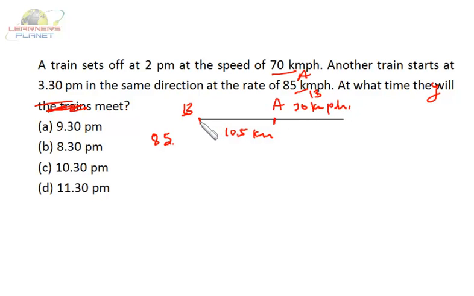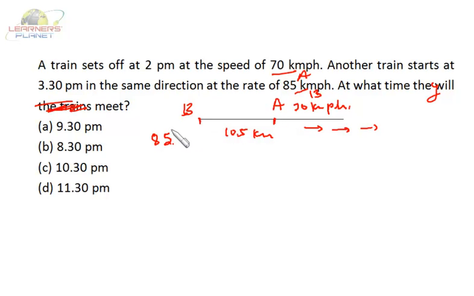When this train starts from this place, the other train is not going to stop. It is also moving in this direction. That means this train has to cover this 105 kilometers to meet the other train, and this 105 kilometers cannot be covered in just 1 hour or 1.5 hours. Why? Because this train is also not going to stop.